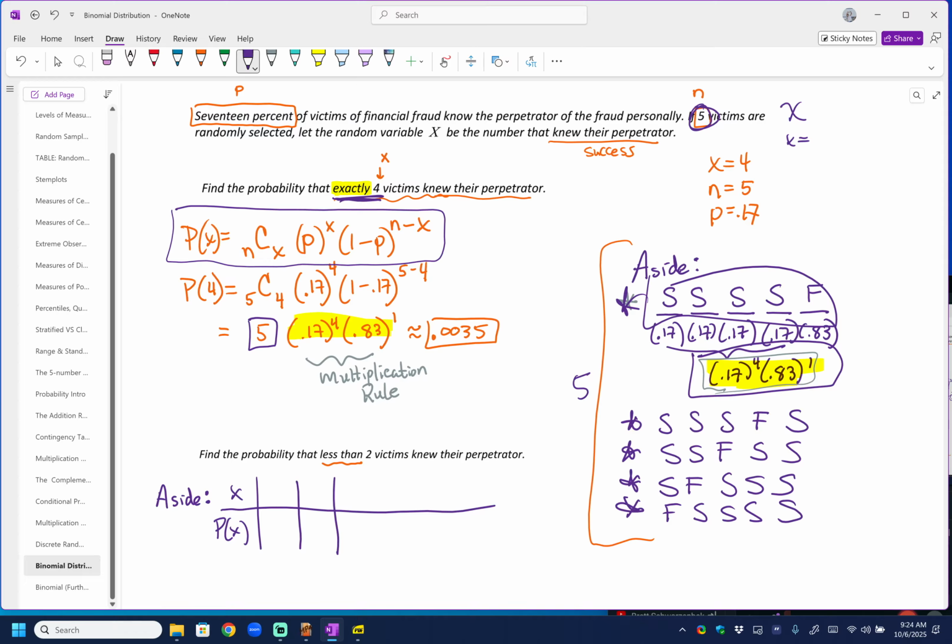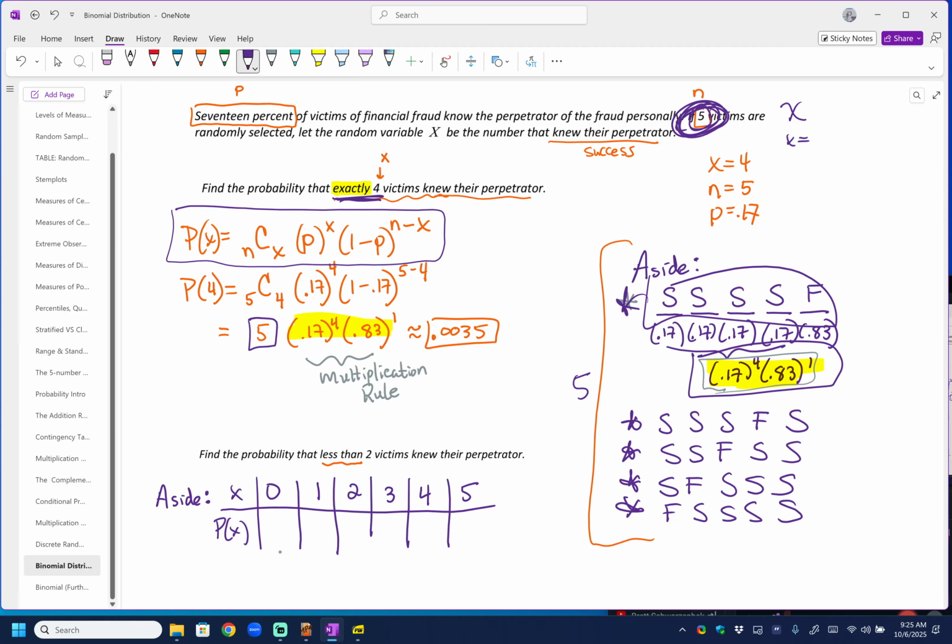So what are all the possibilities? Well, none could, 1 could, and then we could do that all the way up to how many people were queried, basically, or asked. There was a total of 5 victims. So our probability distribution would basically look like this.